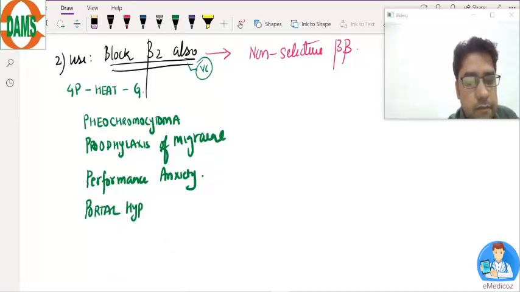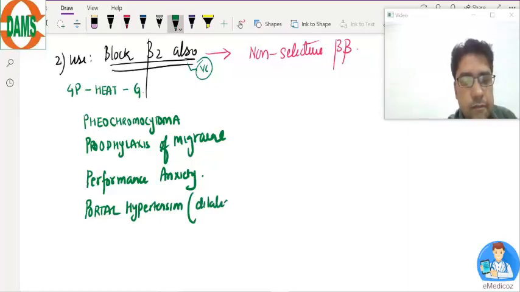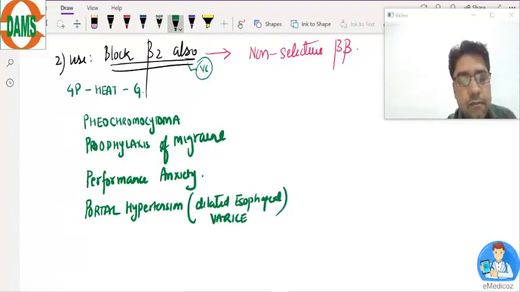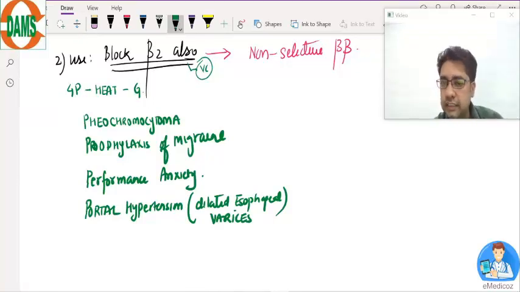or you will write dilated esophageal varices. Dilated esophageal varices. Varices means dilated blood vessel.